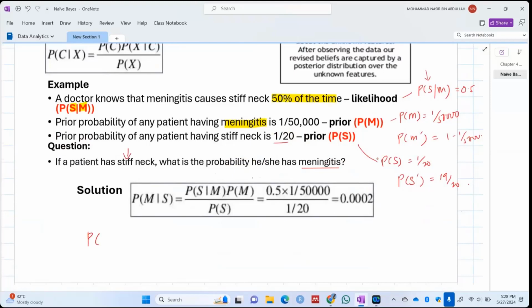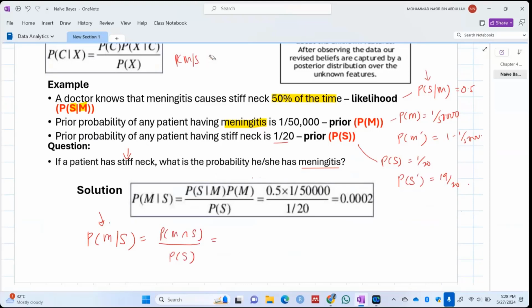We know that he already had a stiff neck, so we want to know the probability that he also has meningitis. This should be the probability of M intersect S divided by the probability of S, based on conditional probability, right?